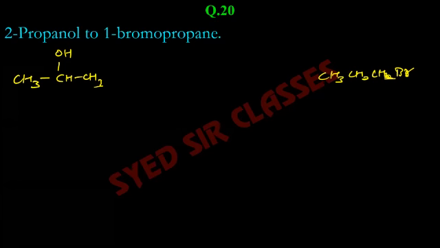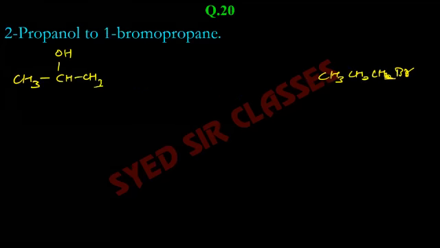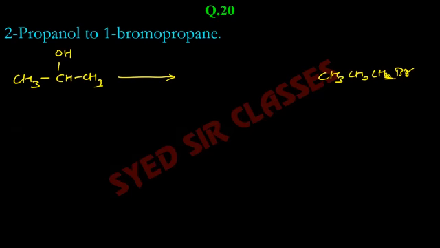Okay, so it is basically a similar question. You first convert to propene, whether it is primary alcohol or secondary alcohol. The propene will be the same. Are you getting it or not? Because when OH is removed and hydrogen is removed from any of the adjacent carbons, any of the adjacent carbons will have the same thing.